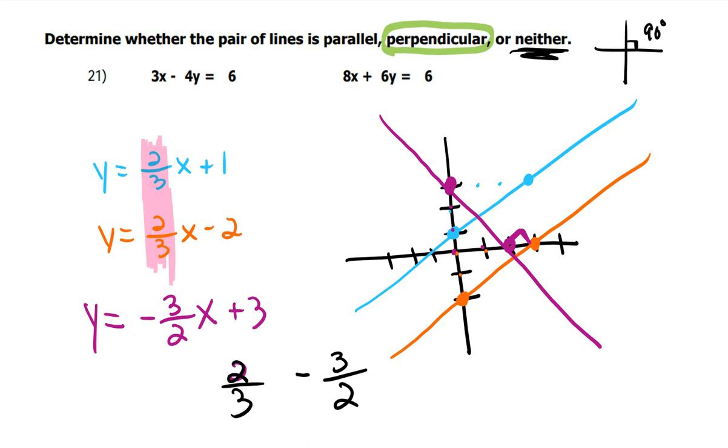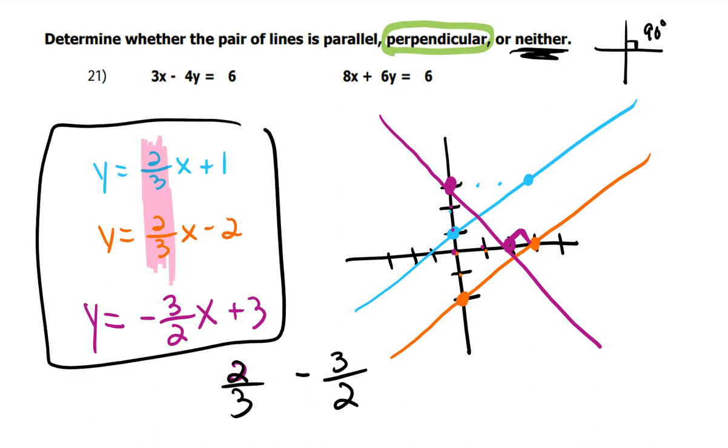So I hope that explains how you can determine if two lines are parallel or perpendicular or neither. And you'll notice that when I wrote these three equations up here, as I was explaining it, they were all in the y equals mx plus b form, so that all I had to do was look at the slope. So what I'm going to need to do is take the two equations that they gave me, which are both in standard form.